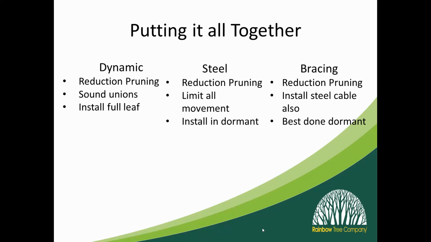All depends on when we get to that split too, if we can actually get it together. If it's been sitting for a year, it's unlikely because the fibers are going to be all dried out. So that's another consideration, doing that reduction, because now we just have a defective split union, reducing that load, and then doing a reduction plan moving forward for that tree.